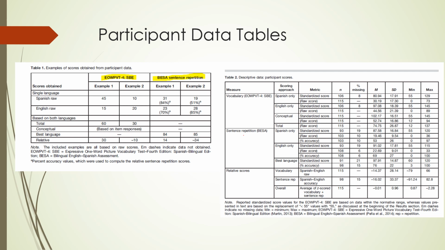Both of these tests actually have pretty good internal consistency reliability. The EOW test was at a 0.95, and the BESA for Spanish was at a 0.96, and English at a 0.95.